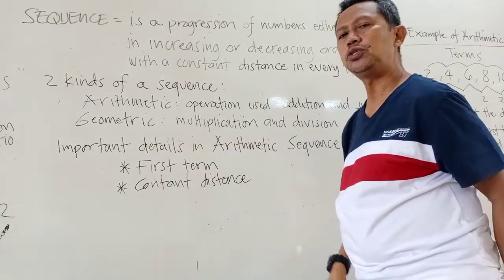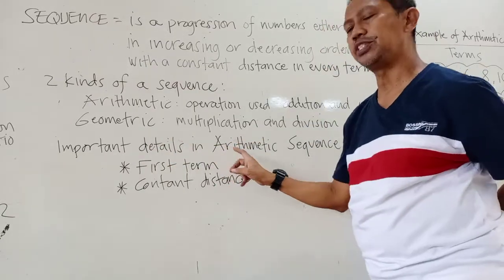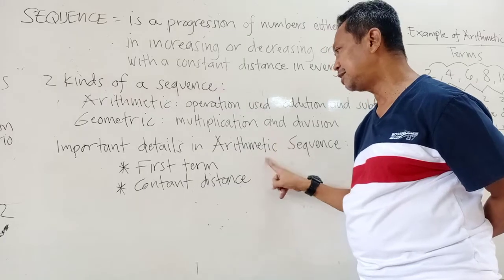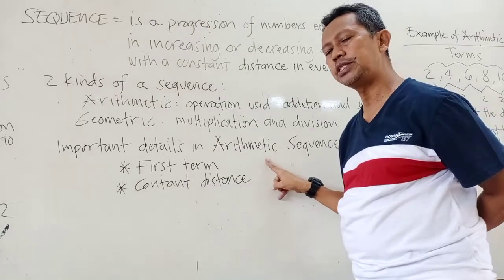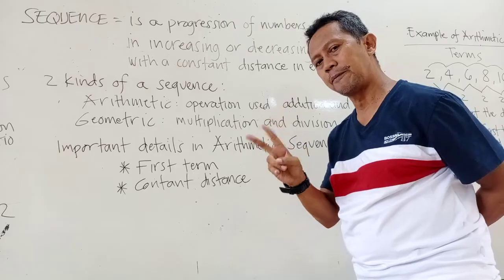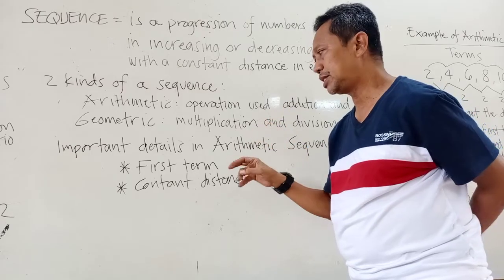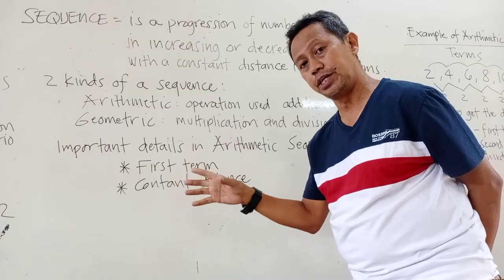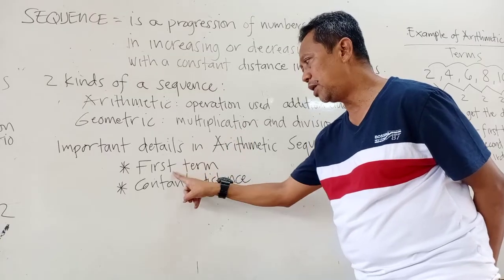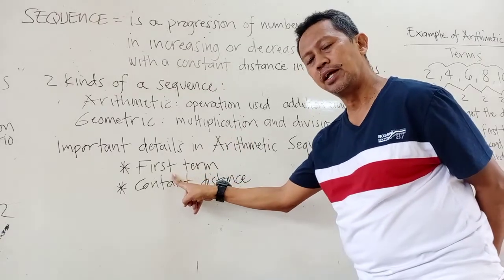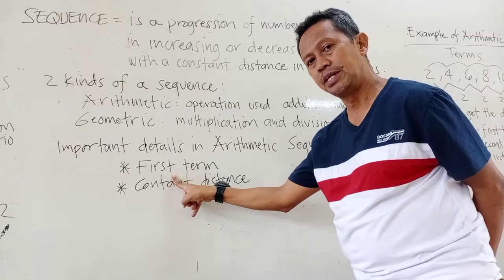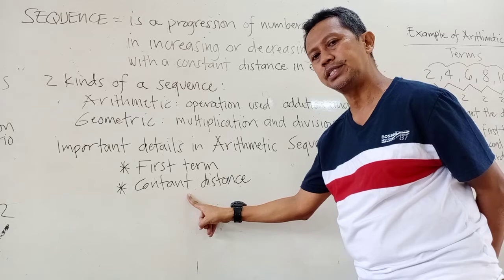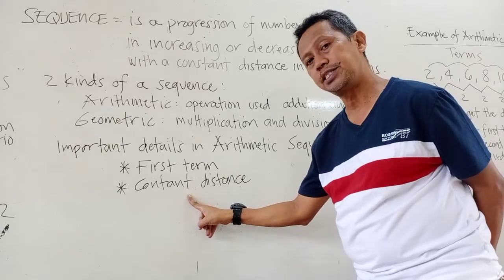All you have to do is get the important details in an arithmetic sequence. Take note of the terms. Every number in the sequence is called a term. You have to consider the first term, and then always get the constant distance.